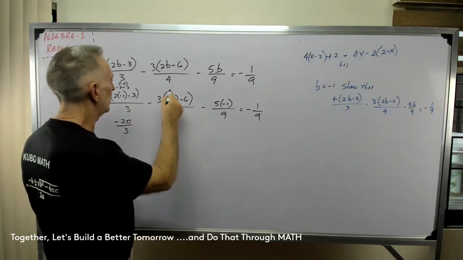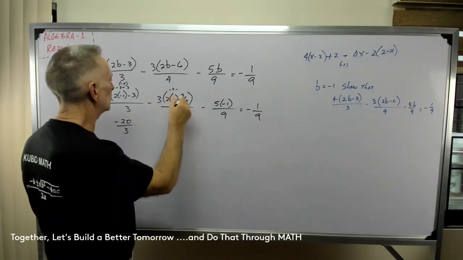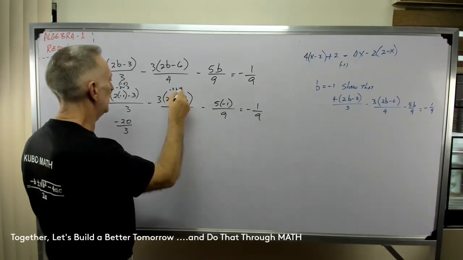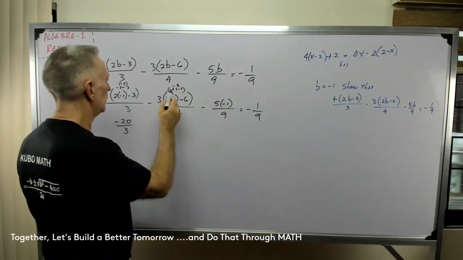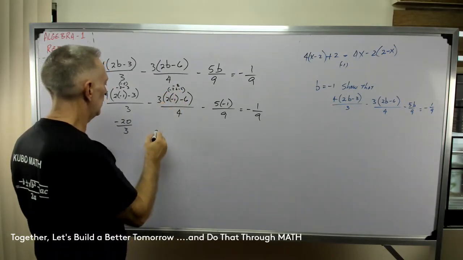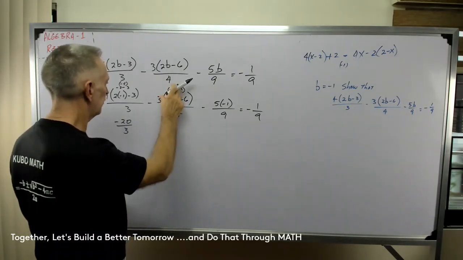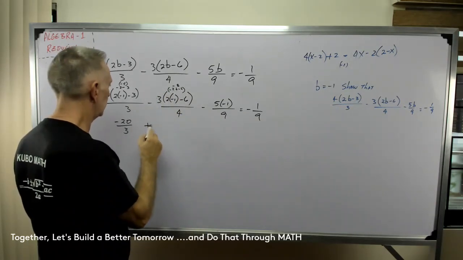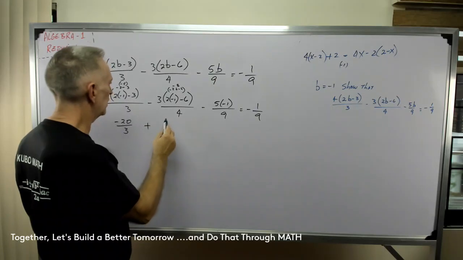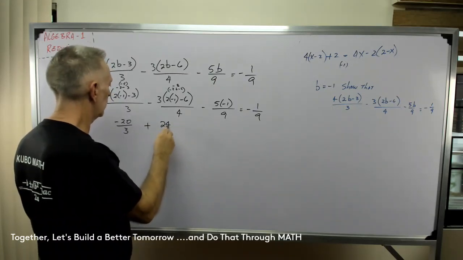Now I have negative 2 minus a positive 6, which is plus a negative 6, which makes this negative 8. Negative 8 times 3 is negative 24 over 4, but I have a negative here already, so negative times negative gives me a positive 24 over 4.